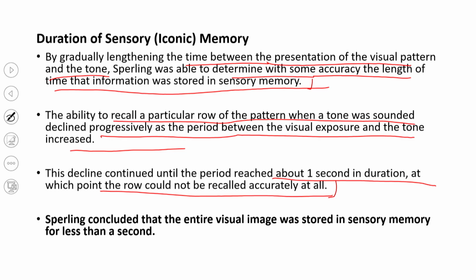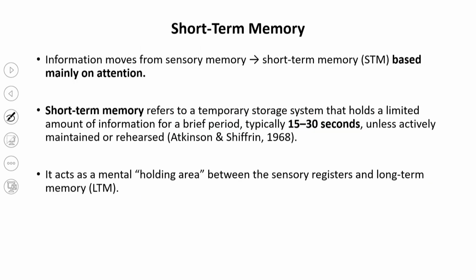After that it fades away. Sperling concluded that the entire visual image was stored in sensory memory for a little less than a second or about a second. So that was about sensory memory.